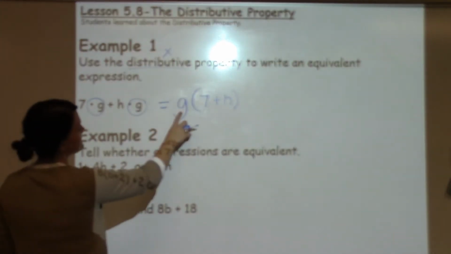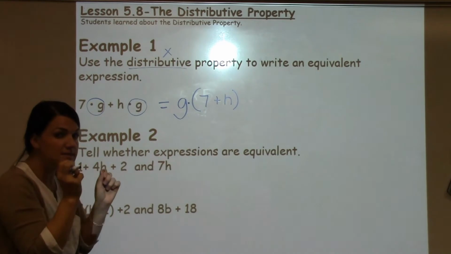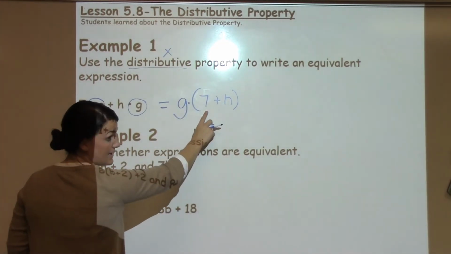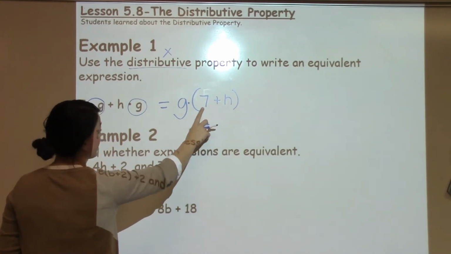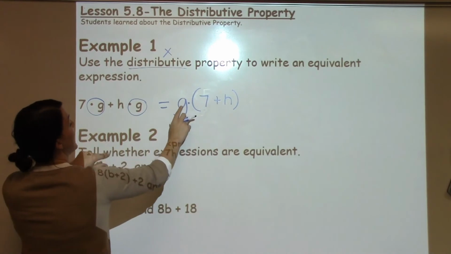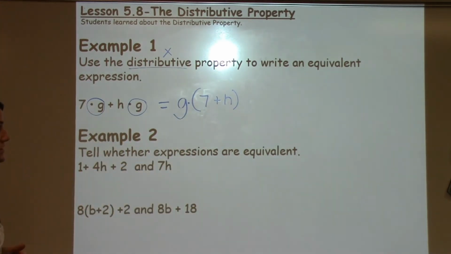Anything that's on the outside of the parentheses, I always have kind of an invisible multiplication sign that's saying anything out here is going to multiply by anything inside here. So this would be the same as g times 7, which is here, and g times h, which is here. All right, so that's exactly how you would use the distributive property.